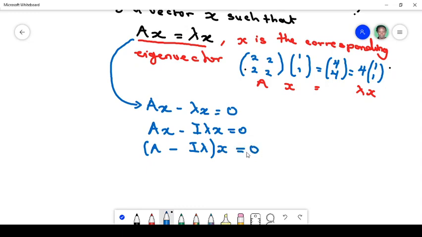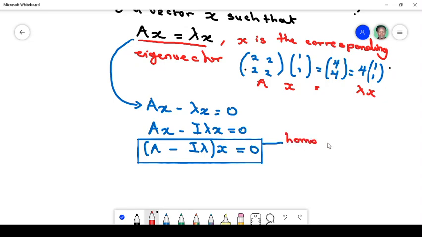So this equation we have here is what we are calling the homogeneous system of equations.